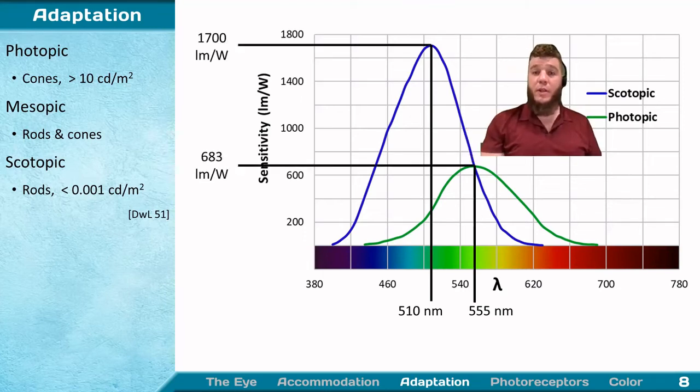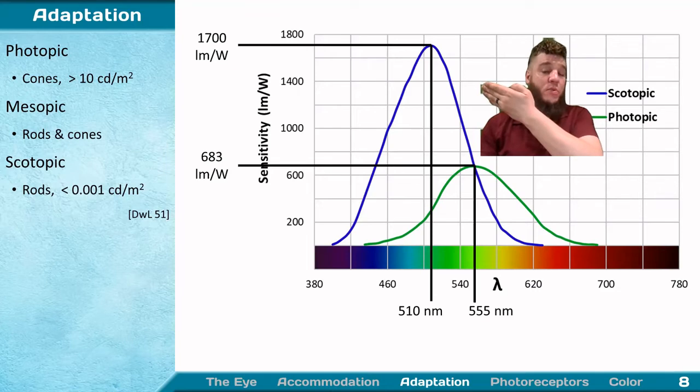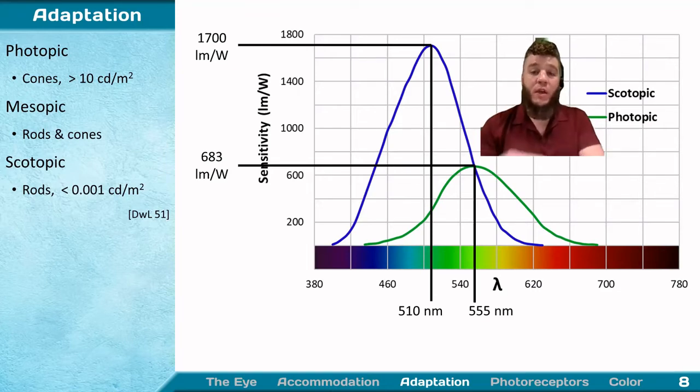Another important element of this plot is the relative sensitivity. So you can see that over on the y-axis. And right away, what stands out is your rods are actually as much as 2.5 times more sensitive than all three cones together, watt per watt of lighting.